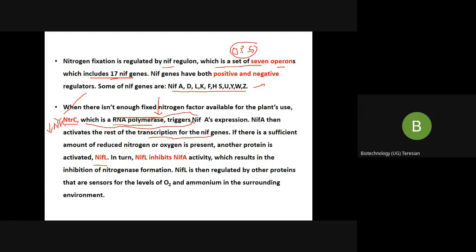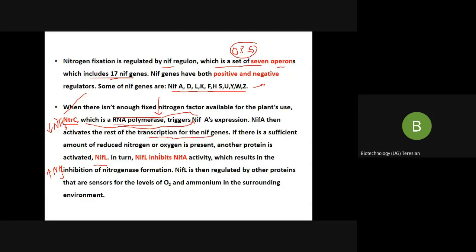But suppose the plant now has sufficient ammonia. Once ammonia is present, it automatically gets converted into nitrite and nitrate by your bacteria. What does reduced nitrogen mean? It is NH3. Your dinitrogen, N2, is getting reduced to NH3.